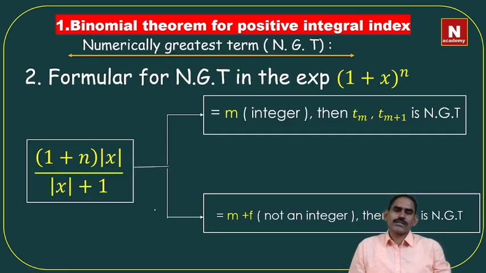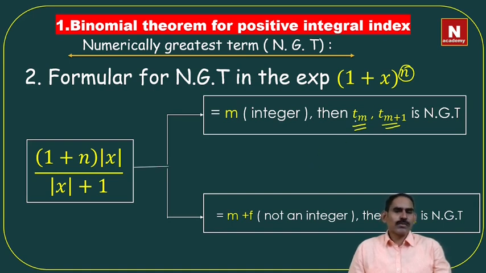Therefore, the conclusion is whenever they ask for the numerically greatest term in the expansion of (1 plus x) whole power n, here n is the index, find out first (n plus 1) into modulus of x by (modulus of x plus 1). If it is an integer, for example m, then tm and t(m+1) are numerically greatest terms.